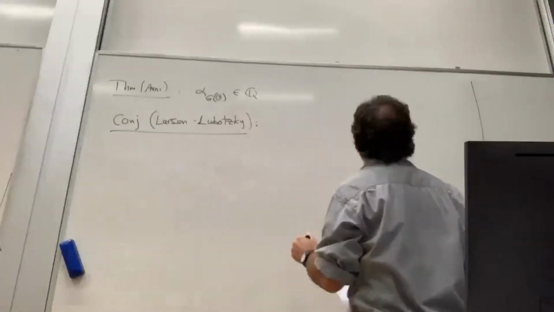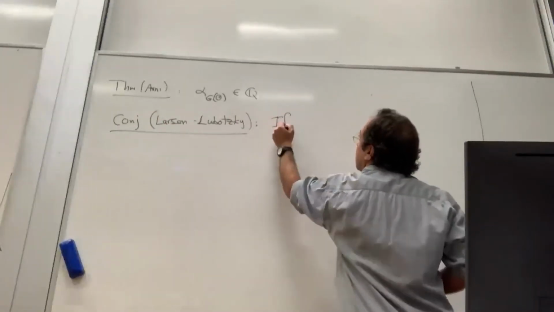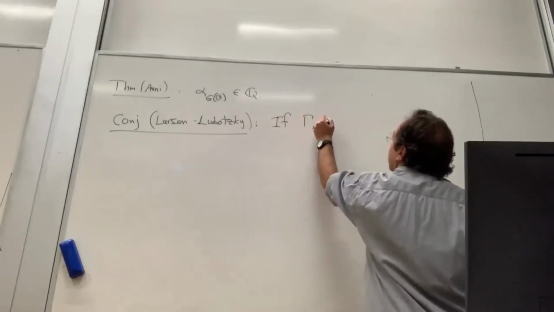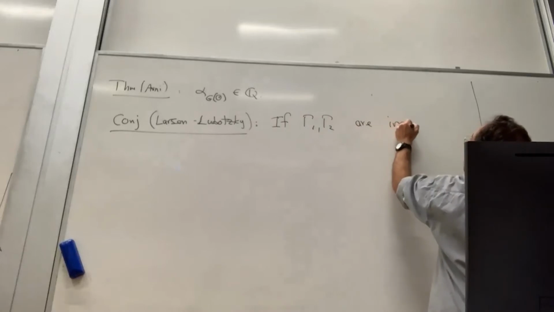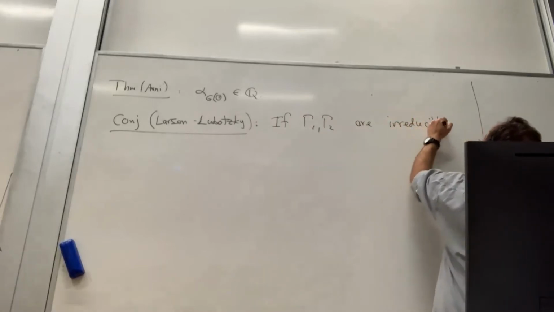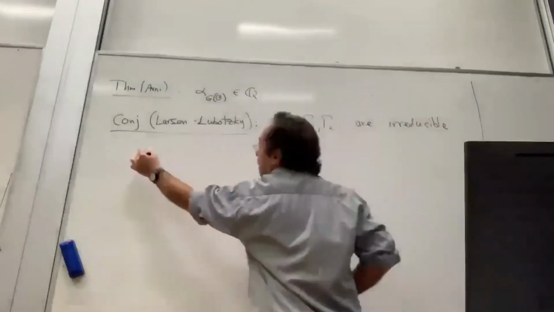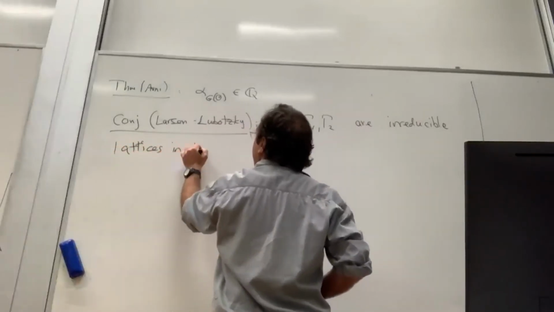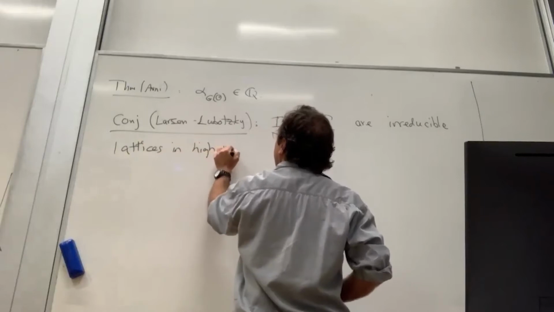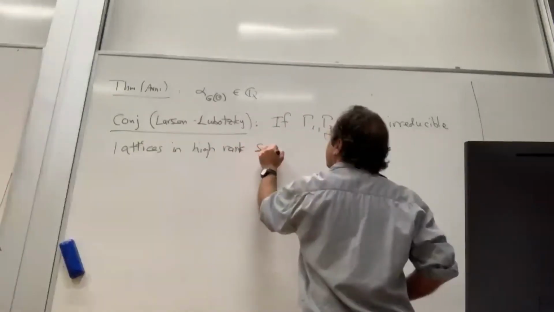Which is the following. Suppose that gamma 1 and gamma 2 are irreducible lattices in a high rank semisimple Lie group.